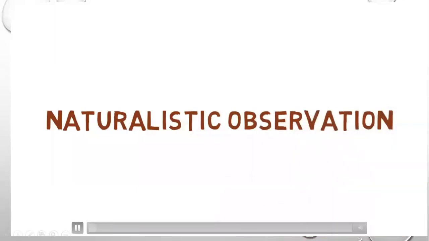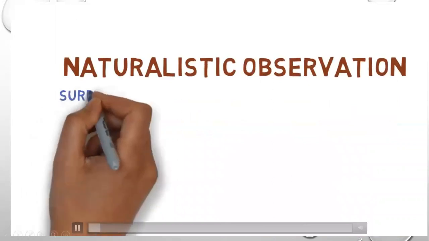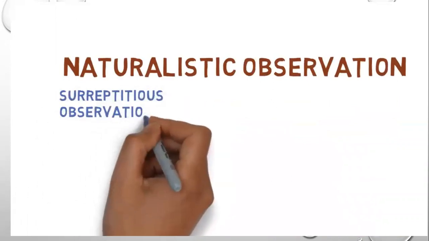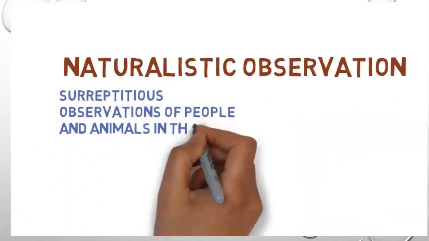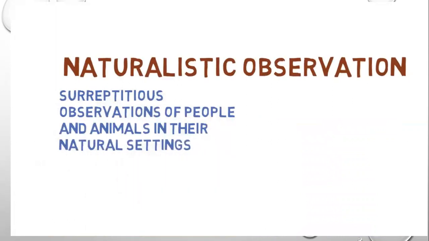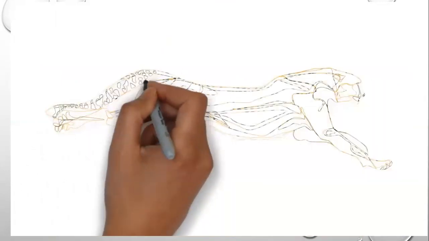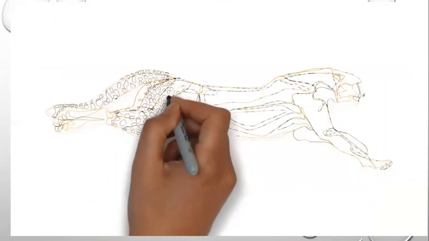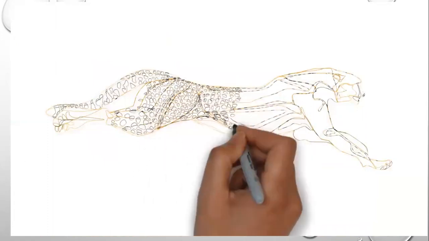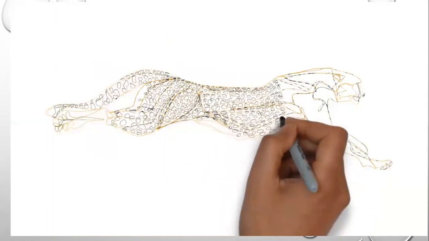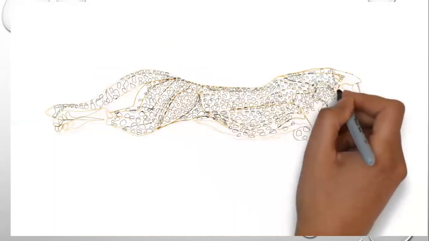In the following short animation, we will be talking about the naturalistic observation method, an important method in psychology. This method may seem familiar to you because a less formal version of this method is the stuff of nature documentaries and films. Most of the time that you are watching a nature film, you are watching a variation of the naturalistic observation method.